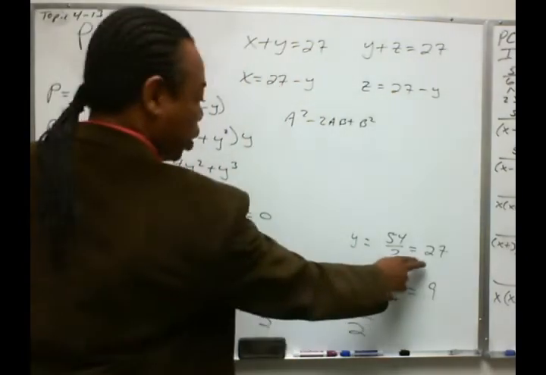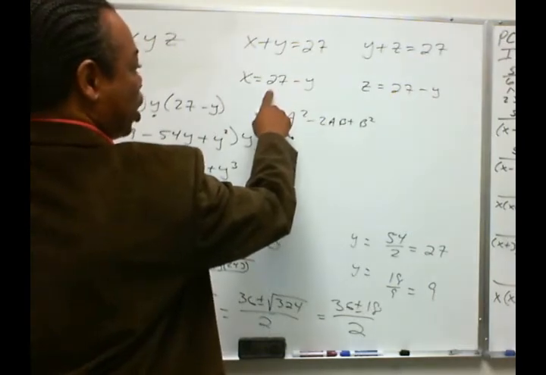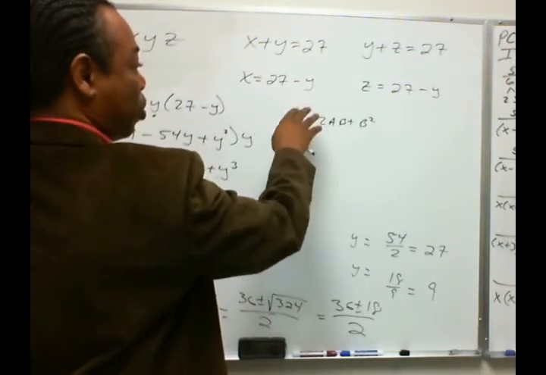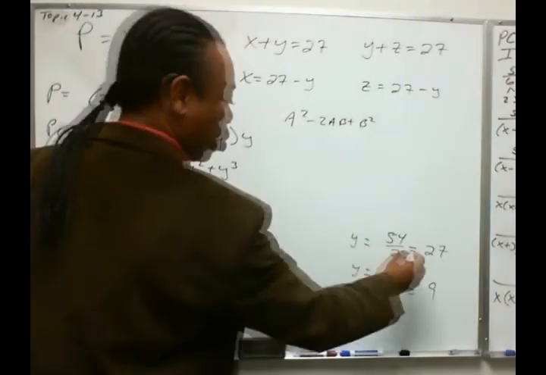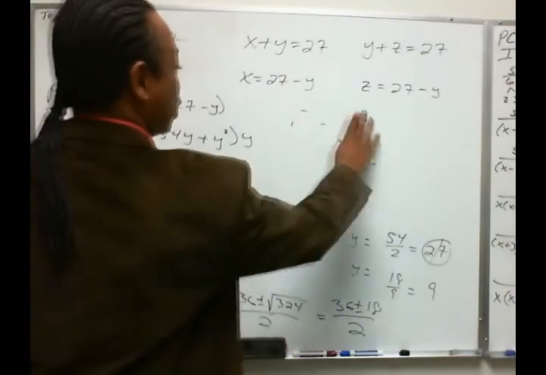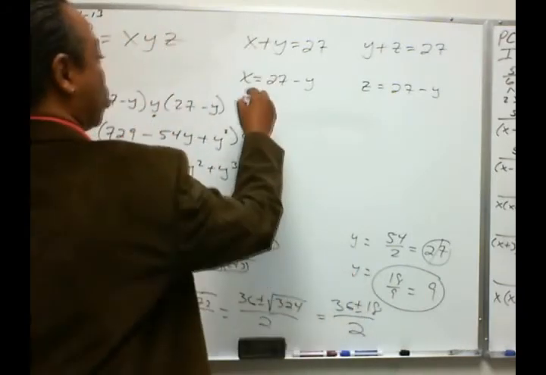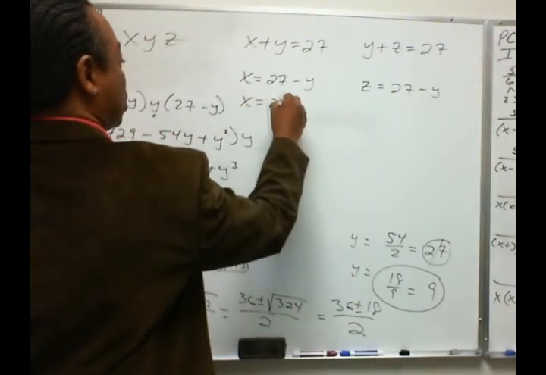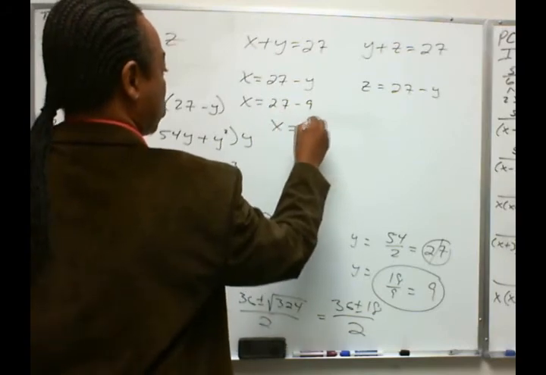Now if y were 27 and we place it here, we will get x is 0. Since we're told in the beginning that all of these x, y, and z's are positive numbers, we can't use 27. So let's use 9 instead. Using 9 for y, we get x equals 27 minus 9, and we end up with x equals 18.